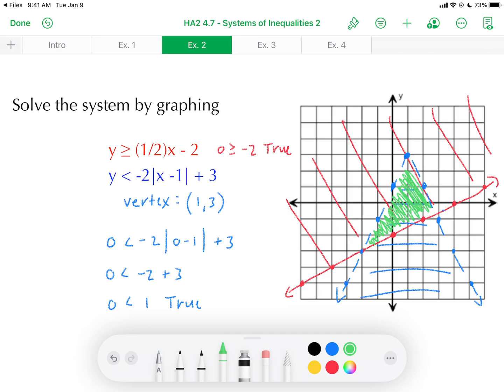Any questions there? All right, now, once again, I could ask you to name a point that's in the solution set. Just pick something inside the triangle, right? Okay, example 3.